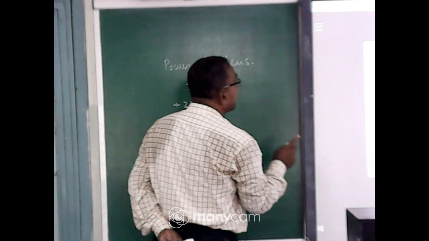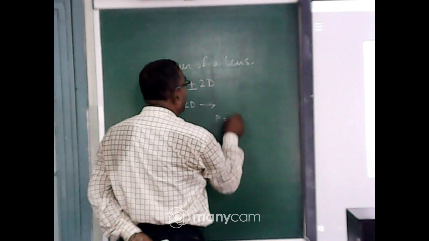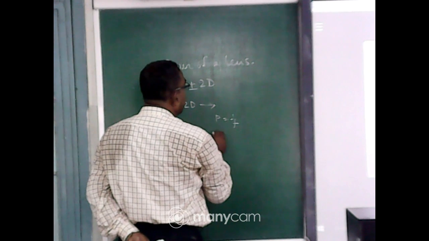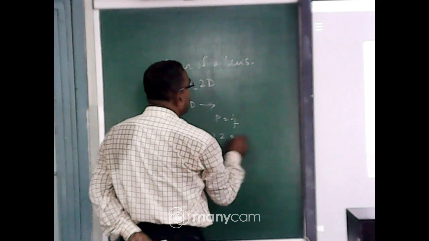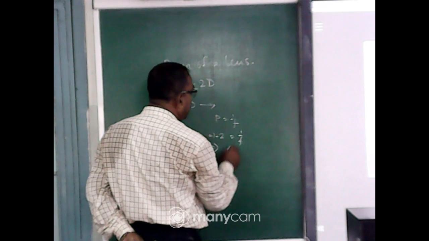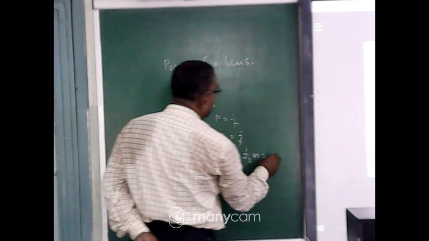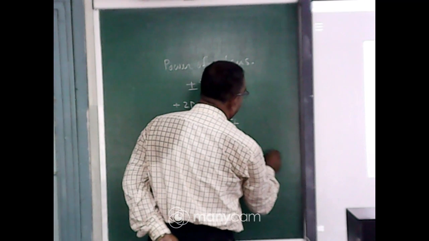Plus indicates the convex lens. You know it, P equal to 1 by F. P means 2. You put here 1 by F equal to plus 2. That is equal to F equal to 1 by plus 2 in meter. That is equal to 50 centimeter.